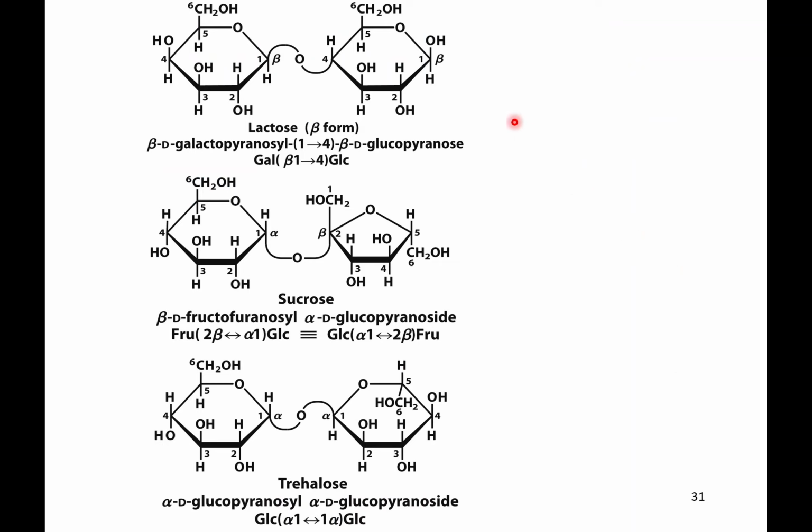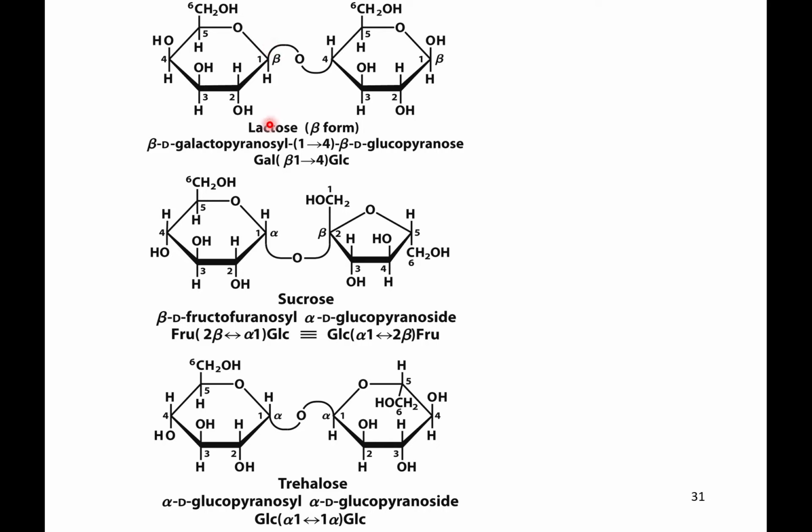So if we look at some examples of different disaccharides, the first example up here would be lactose, and I'm sure you've all heard of lactose. Lactose is a disaccharide between galactose and glucose. Galactose is in the beta anomer form, so the OH group would normally be up, same side as the CH2OH.